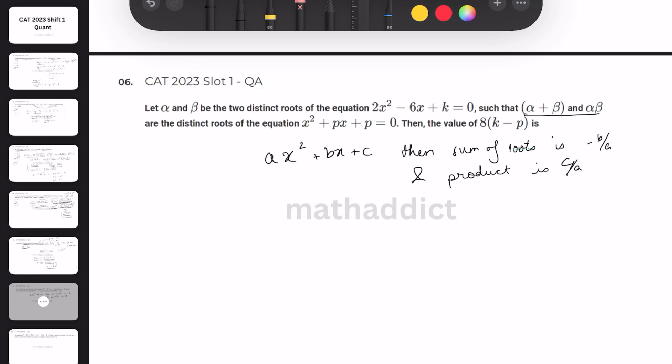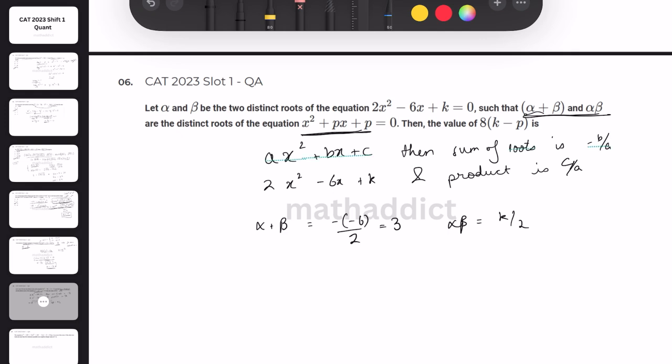So using that, we have a is 2, b is minus 6 and c is k, and alpha and beta are the roots. Then alpha plus beta is minus 6 by 2, which is 3, and alpha beta is k by 2, and these two are the distinct roots of this equation.